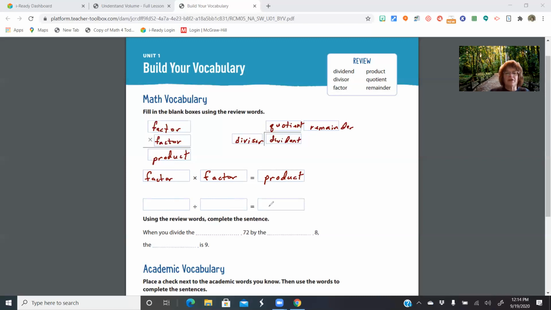Something divided by something equals something. This would be a dividend, because that's this word here, divided by a divisor, equals, the answer to a dividend divided by a divisor is called a quotient.